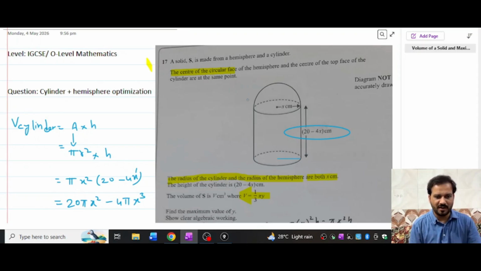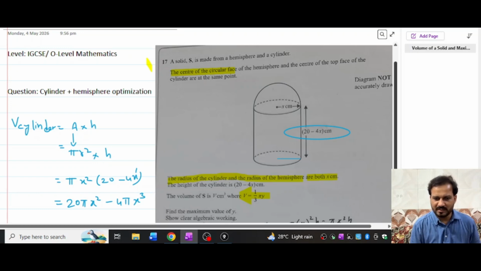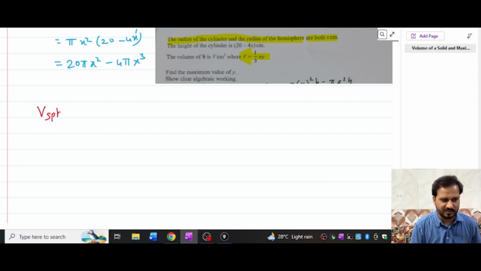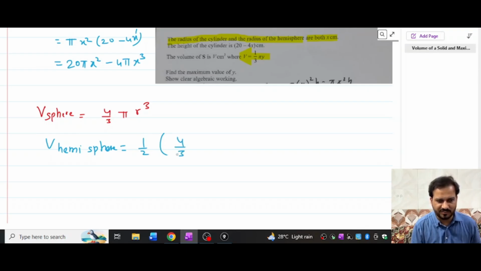Now we'll find the volume of the surmounted hemisphere with radius x centimeters. Since this is a hemisphere, first I will write the rule for the volume of a full sphere. Volume of a sphere is 4 over 3 pi times radius cubed. Then the volume of a hemisphere will be half of the volume of a sphere, which is half of 4 by 3 pi x cubed, as the radius is x.